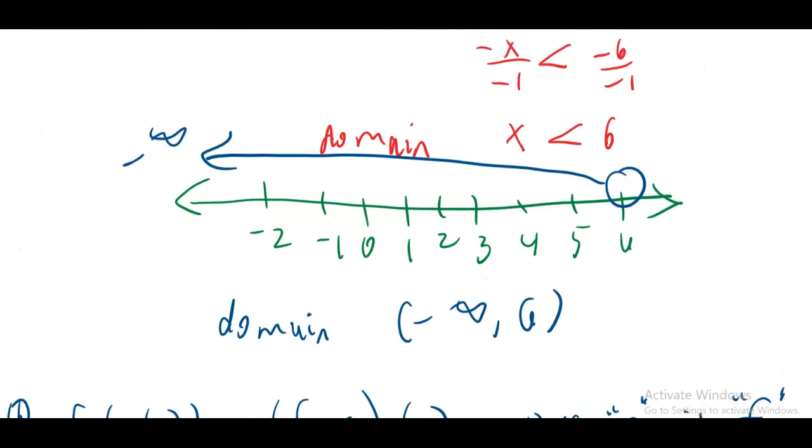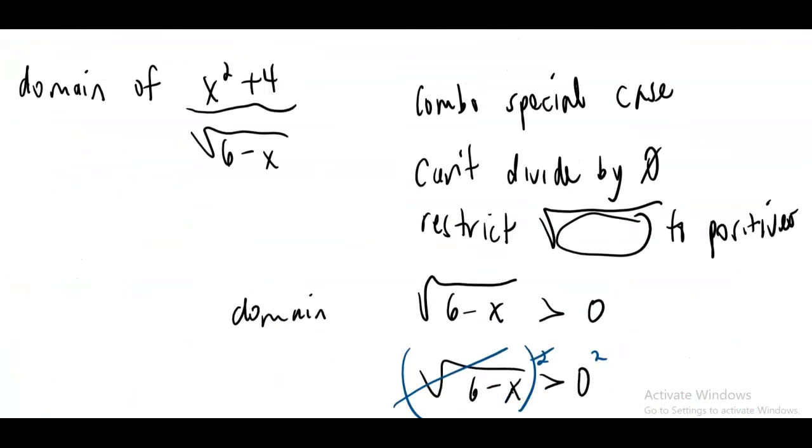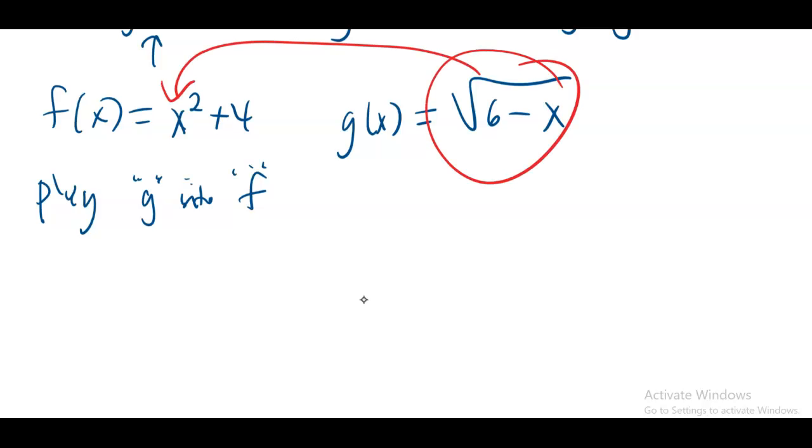Our functions were f of x equals x squared plus 4, and g of x was the square root of 6 minus x. Let's make sure, yep, 6 minus x. And so we want to plug g into f. We're taking all of this and putting it right here.